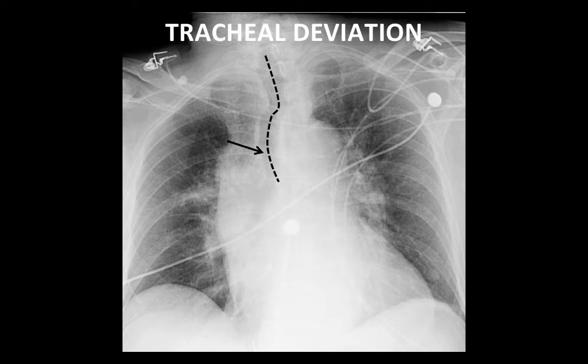The first finding that we're going to look for is the position of the trachea. In patients who have aortic arch aneurysms or mediastinal hemorrhage from acute aortic syndrome, the trachea will frequently be deviated to the contralateral side. So in this patient with a large aortic arch aneurysm and aortic dissection, there is deviation of the trachea to the right.